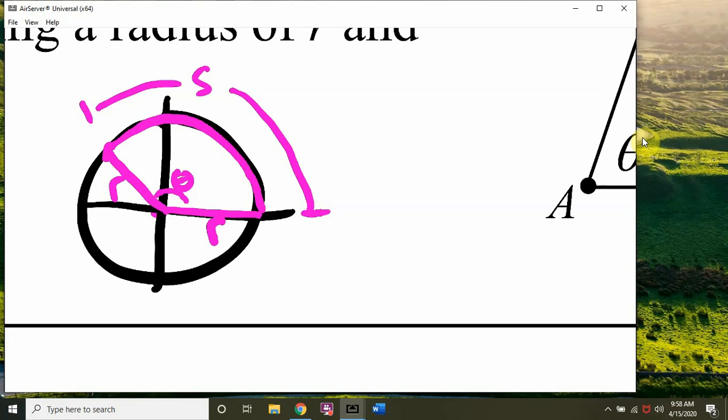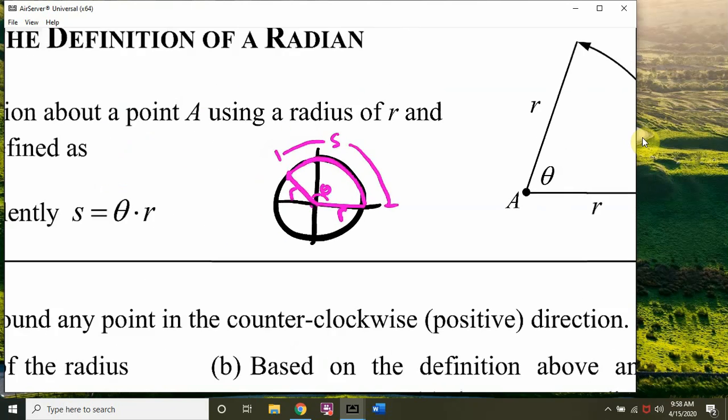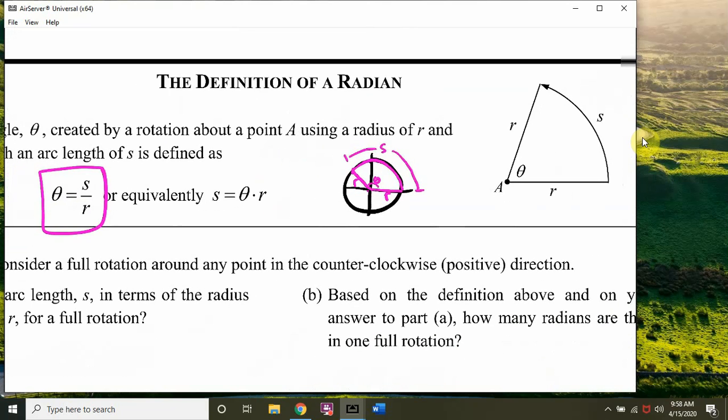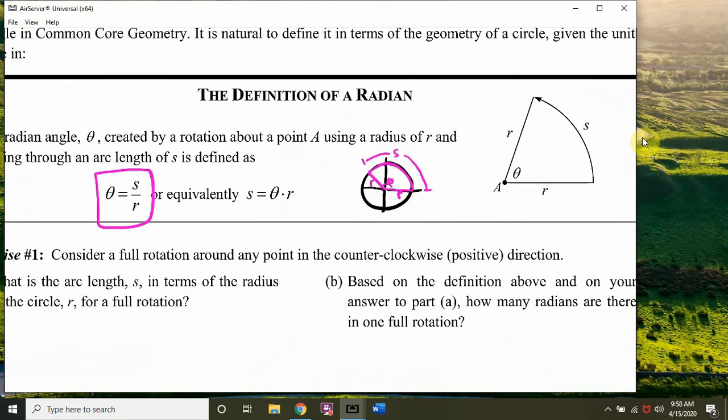That's how we define a radian measure. Okay, so it's completely dependent on the size of the angle, the size of the arc, and the length of R. So in any event, that's the idea. That's the definition of a radian. It's the ratio of the arc length to the radius of the circle.